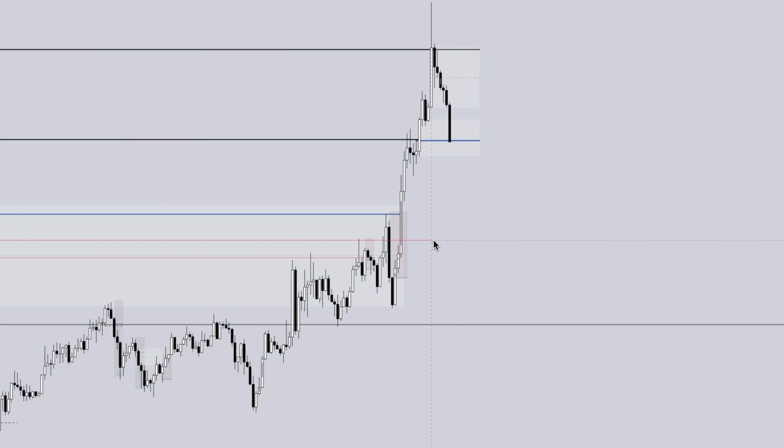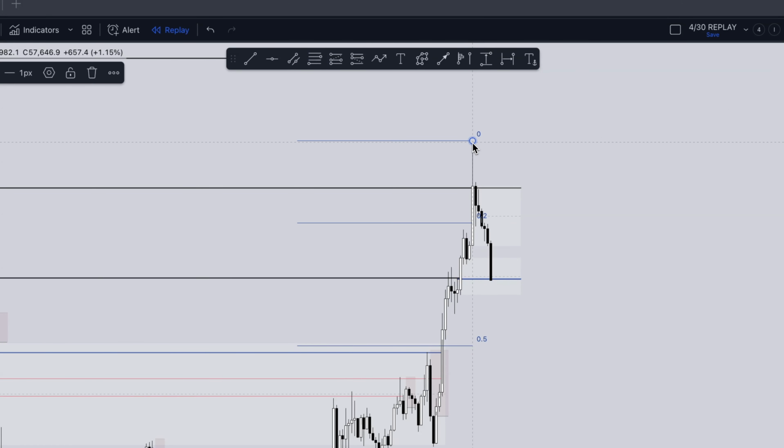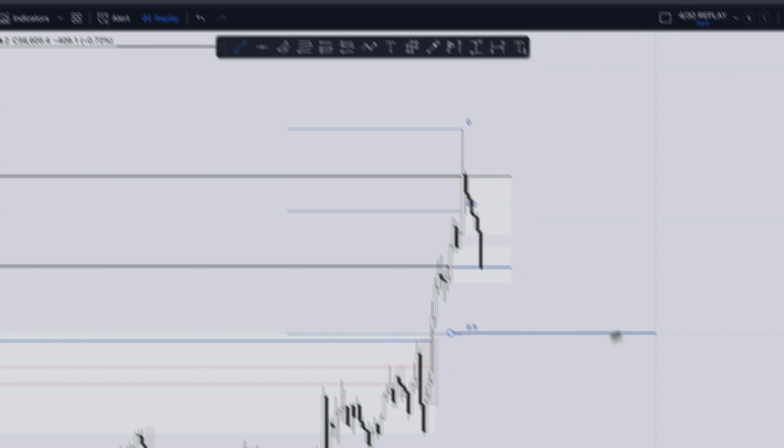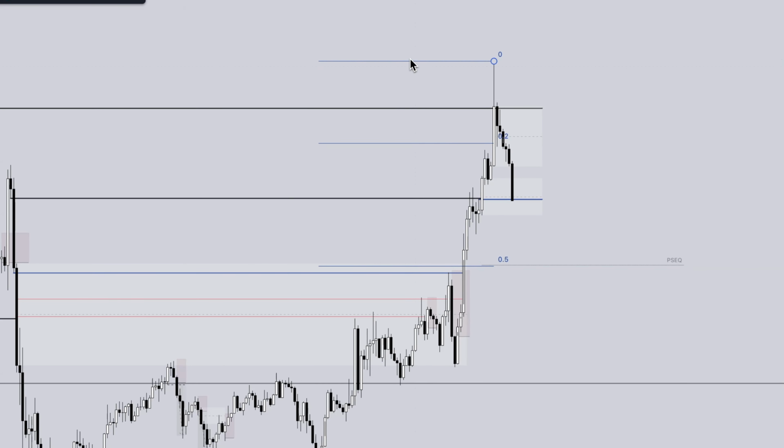let's retract this for a bit. Then we're going to mark this swing. Going to mark the EQ of that swing up.